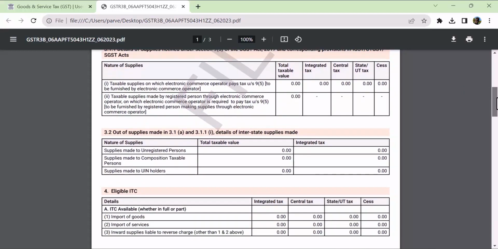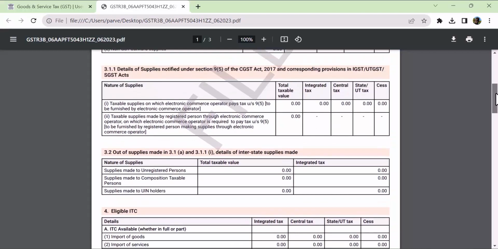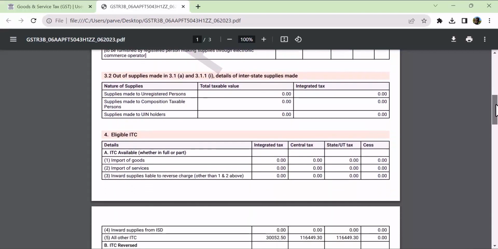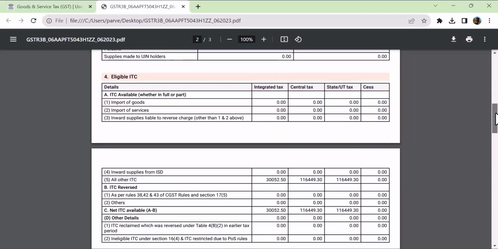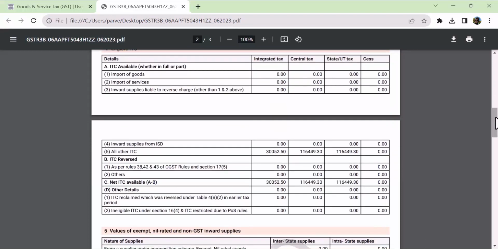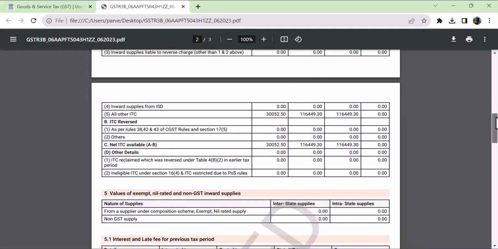Then we talk about the details of the eligible input credit. So the input credit available is 30,052 for the integrated tax, IGST, 1,16,000 for central tax, and 1,16,000 for the state tax, which is SGST.